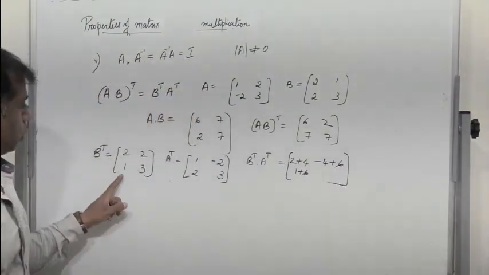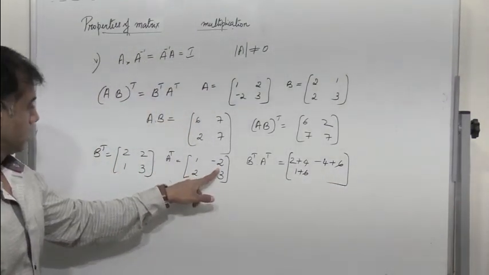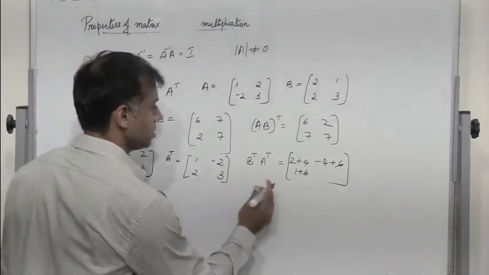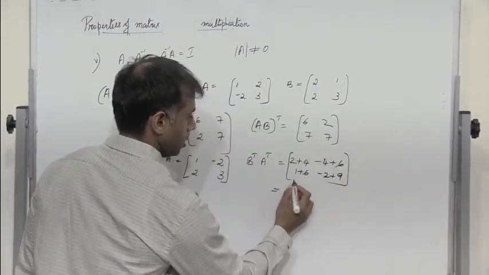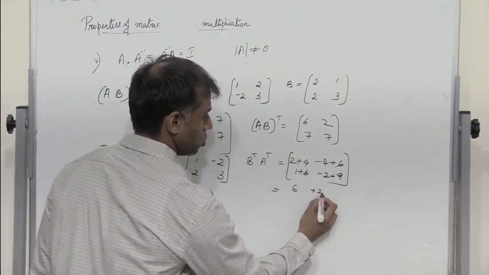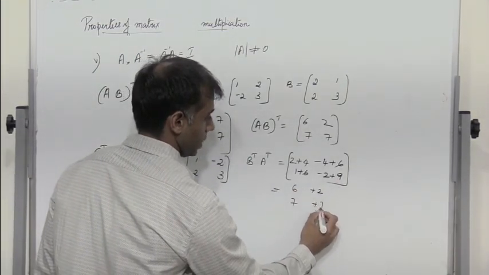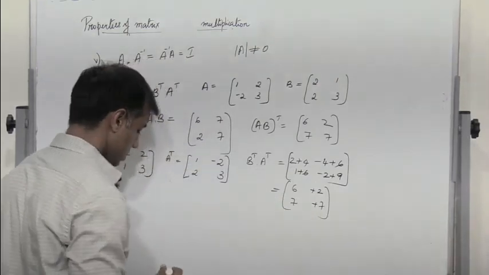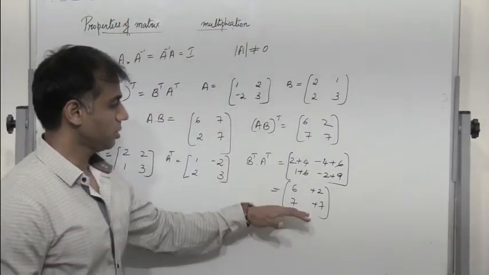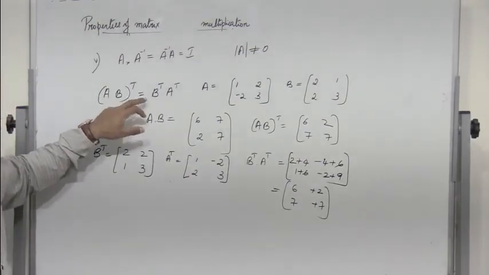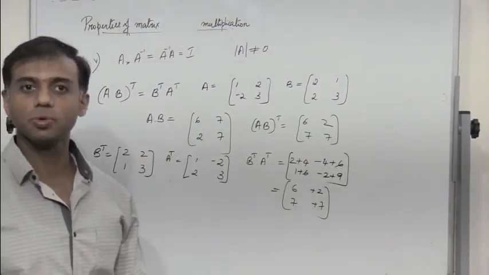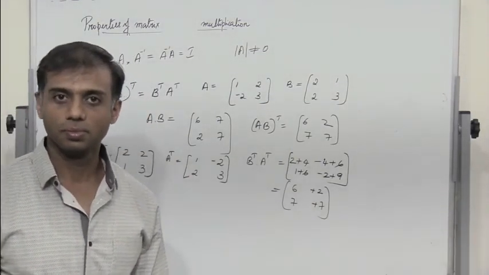And then I have 1 into minus 2, which is minus 2 plus 3 into 3 is 9. So we get 6, 2, 7, 7. So what we observe, these two matrices are equal, right? So therefore, AB transpose is equal to B transpose into A transpose, right?